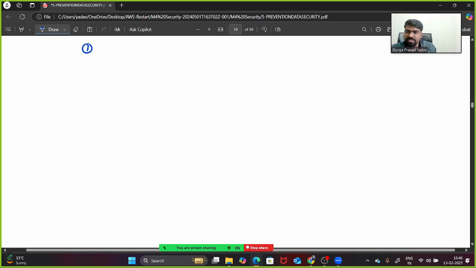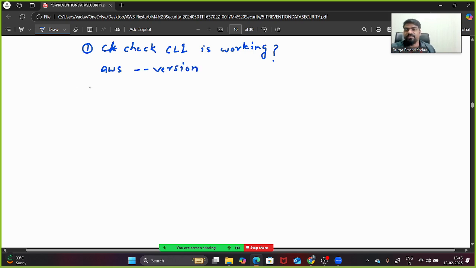The first point is to check whether the CLI is working or not. For that we can give the command AWS hyphen version. Correct? This is the first point.